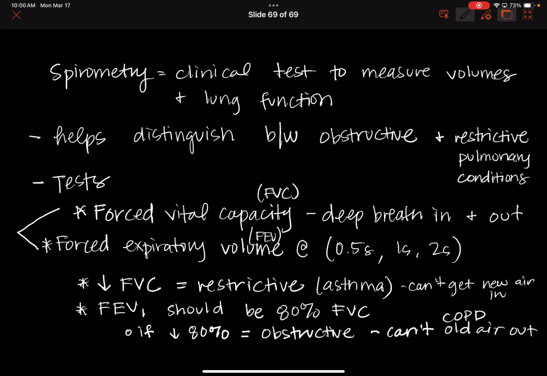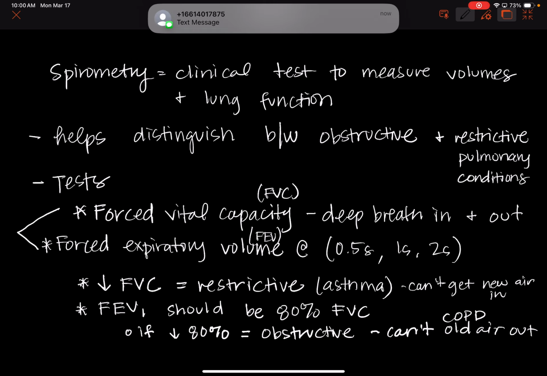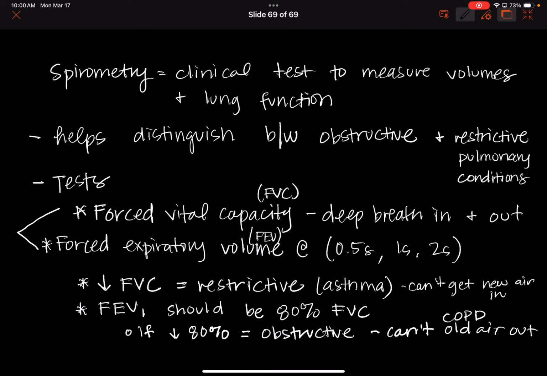Now, how they can tell, because if your FEV is lower than 80, at first, you could have either one, obstructive or restrictive. But how they can tell the difference between obstructive or restrictive, like with asthma, is they'll have you measure that FEV1, so they'll have you blow out in 1 second.